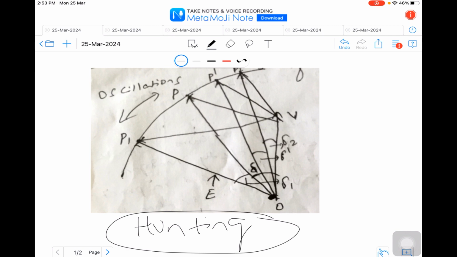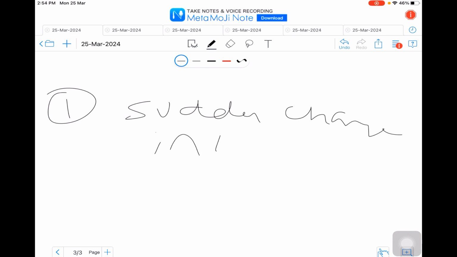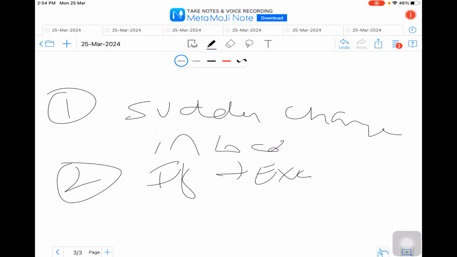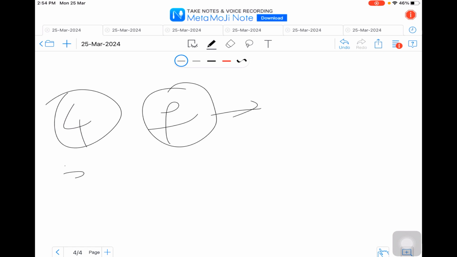The various reasons for hunting are: a sudden change in load when the machine is operated; a sudden change in field current IF, that is, an excitation change; a fault in the supply system; a change in the supply frequency; and a load consisting of harmonic torques.